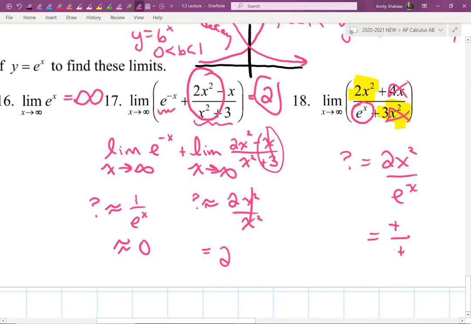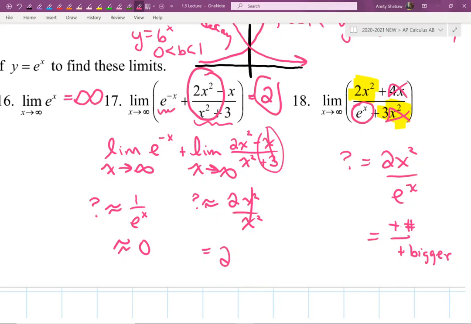Oh wait, sorry. e to the x, though, it's even bigger. It's bigger than this number right here. Whatever this number is, it's never going to be as big, right? Squaring a million is never going to be as big as taking e to the millionth power.